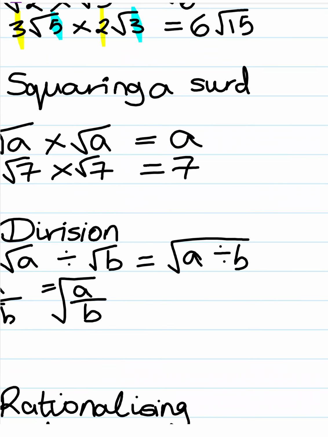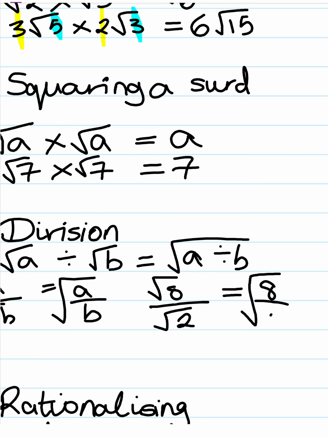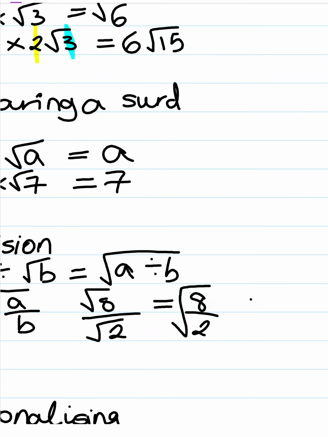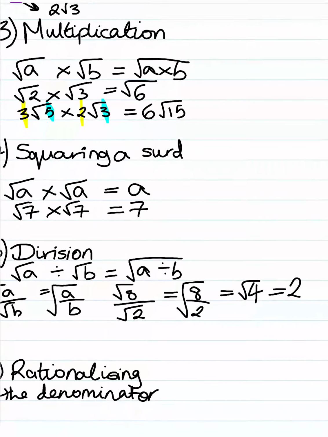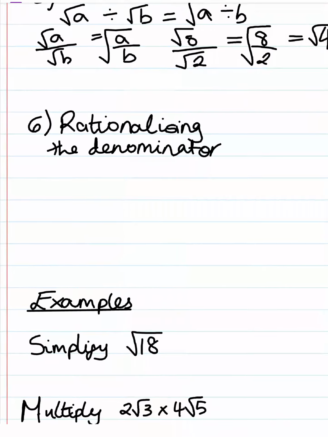For example, the square root of 8 divided by the square root of 2 is the square root of 8 divided by 2, which is the square root of 4, which as we saw earlier is 2. This is another way that we can simplify surds.